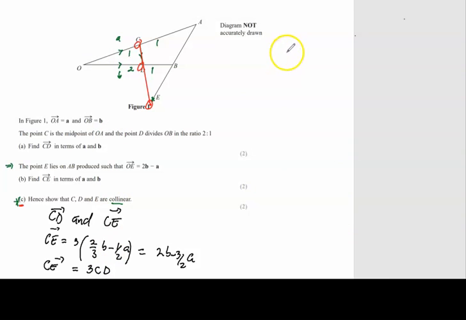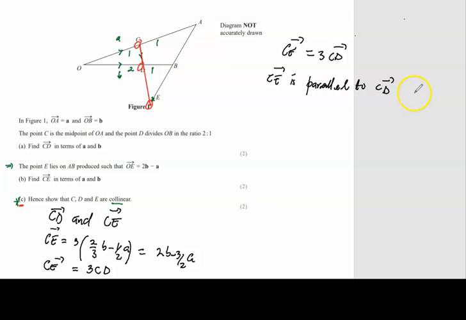From here, we can draw conclusions. Since CE is equal to 3CD, what this means is CE is a multiple of CD. It means that CE is parallel to CD.